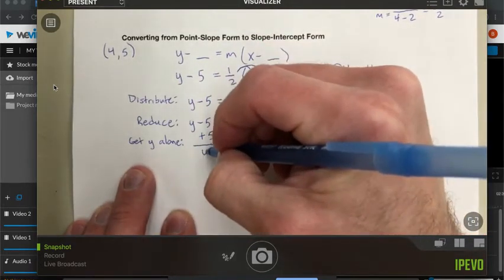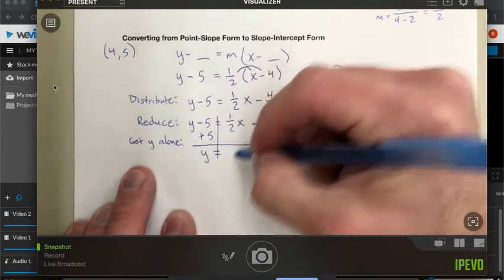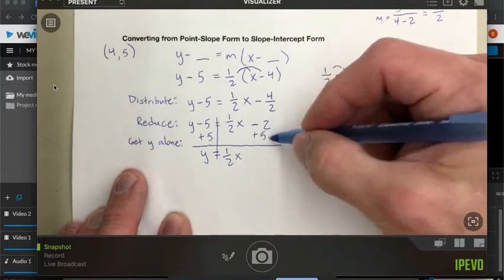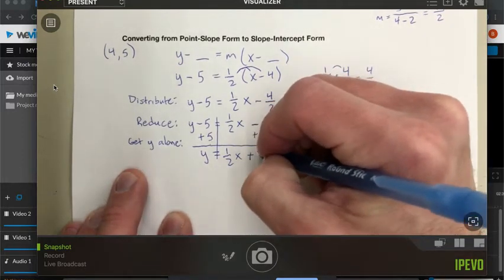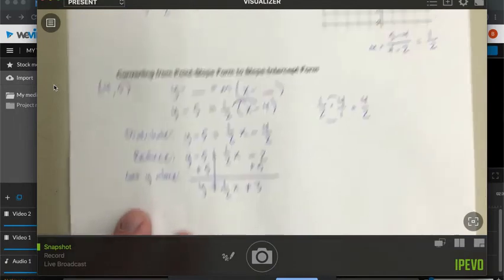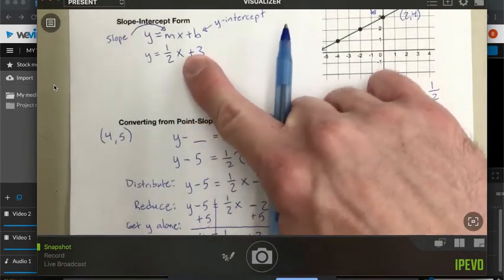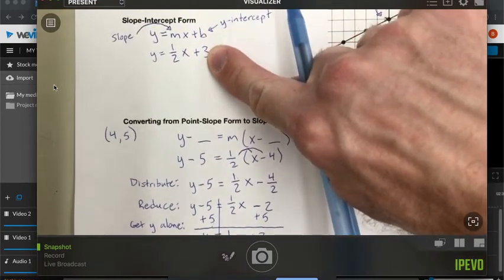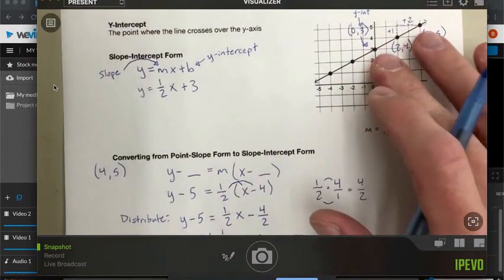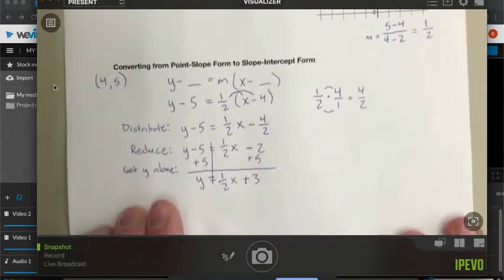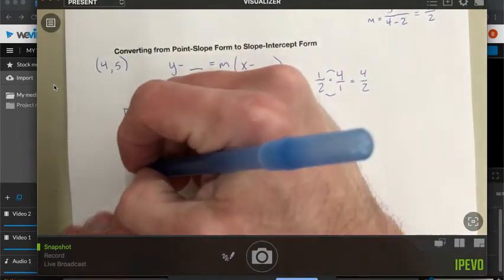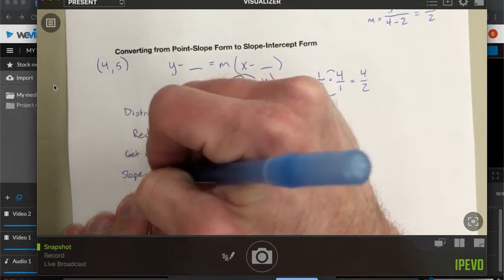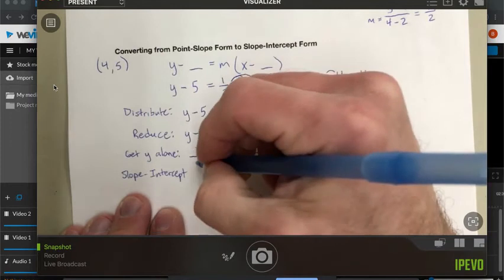Well, that'll just leave me with y. I'll still have my 1/2 x. And negative 2 plus 5 is plus 3. Notice how once I do my conversion, it exactly matches that slope-intercept form that I got by looking at the graph with the slope and the y-intercept. So that's step 4 there. This is my answer. Here's my slope-intercept form.